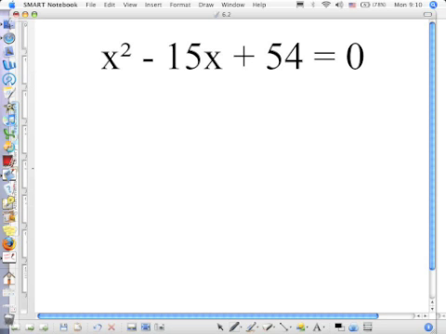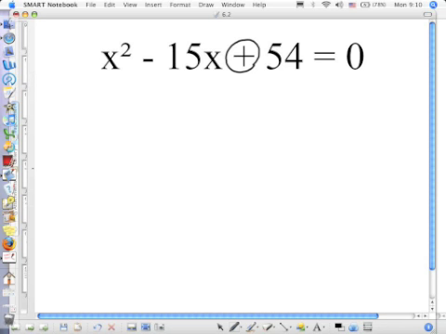We're looking for factors of 54 that add up to 15. Add because of this sign right here. Factors of 54 that add up to 15.